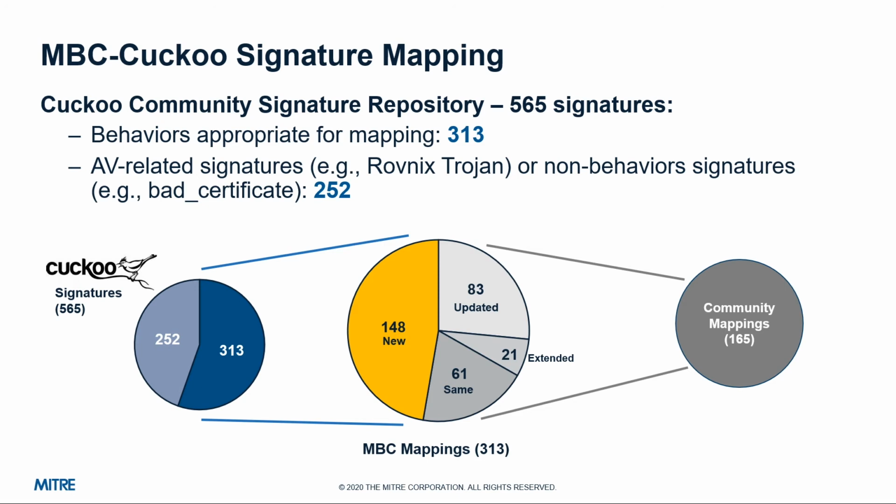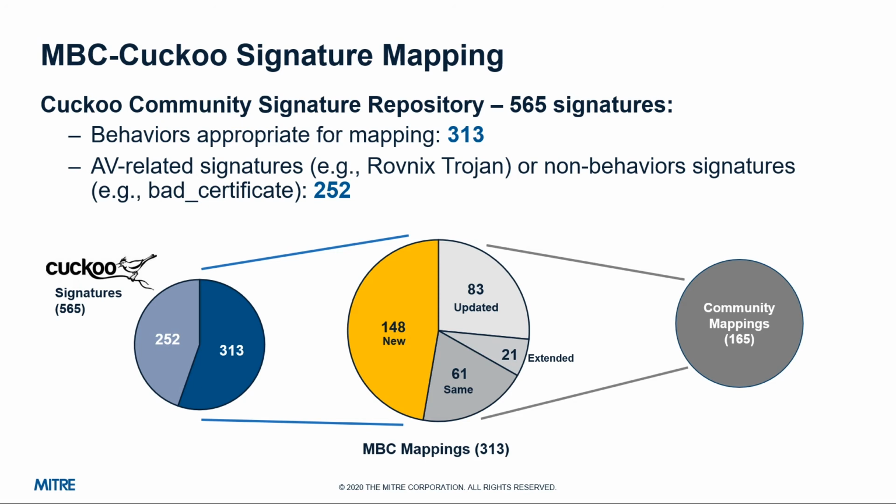Those were in the community repository and included those mappings. But then we used MBC's malware focused content, and we were able to update 83 with a more accurate mapping. That means we changed the mapping to something that was more related after looking at the signatures. And then we extended 21 of them. Extension means that we defined an additional behavior. There are some signatures that have more than one behavior mapped to them.